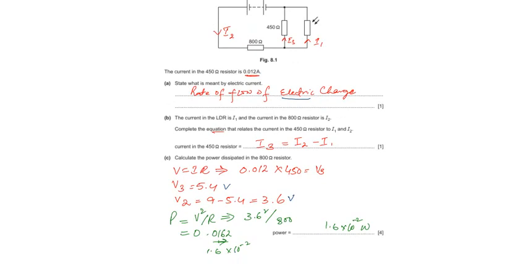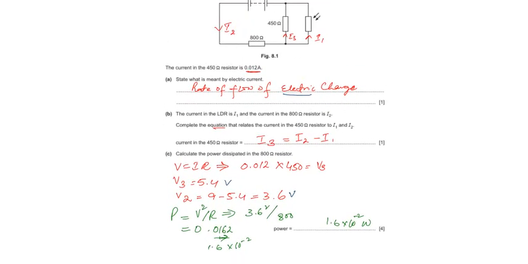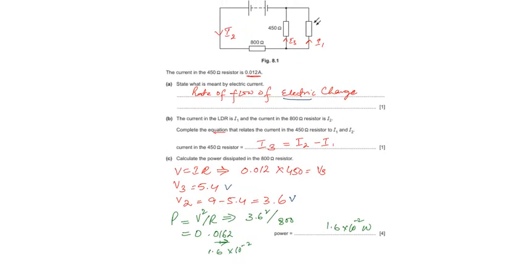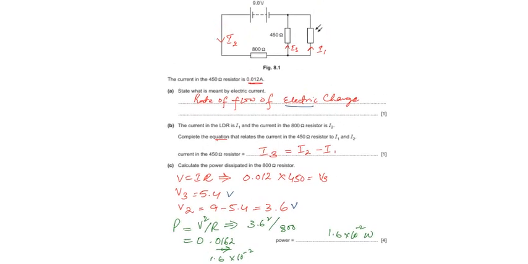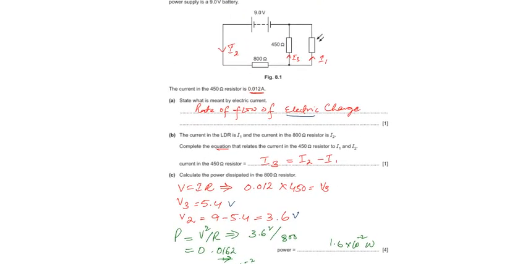So if I know I3 and I know the resistance, we can find out the potential difference across the 450 ohm resistor. After we find it, we just subtract this potential difference from 9 volt and we will get the potential difference across the 800 ohm resistor.